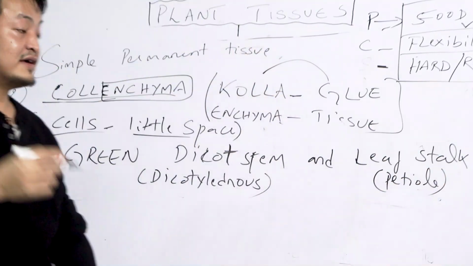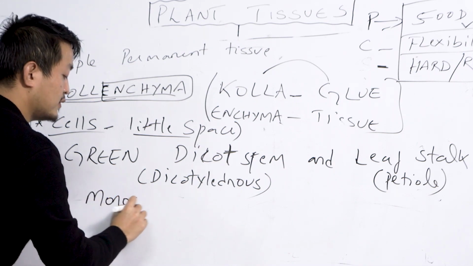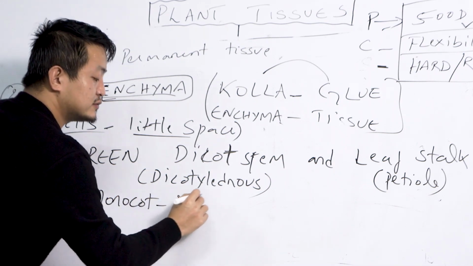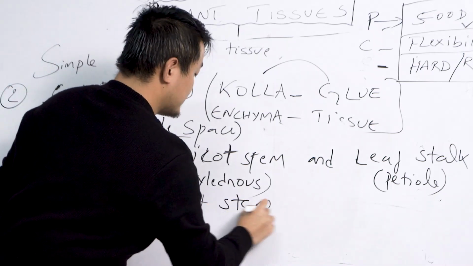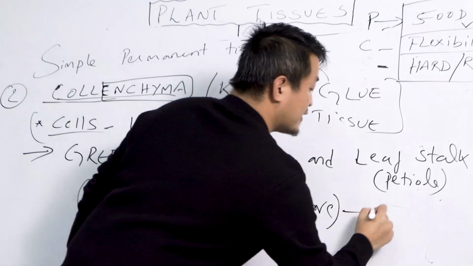So that means this is absent in the monocot root, stem, and leaf.